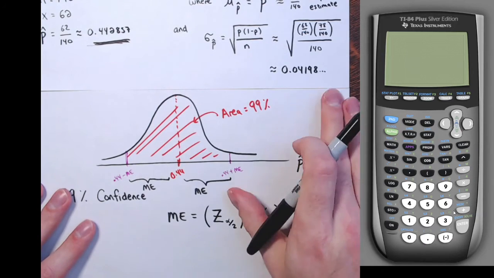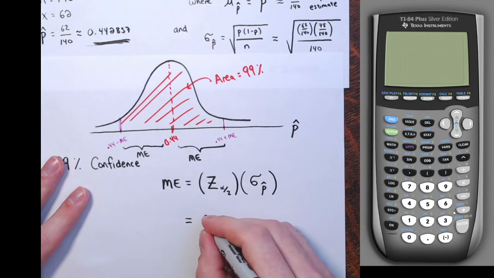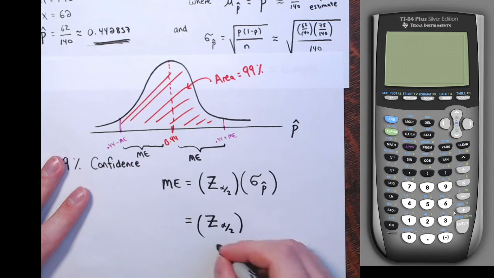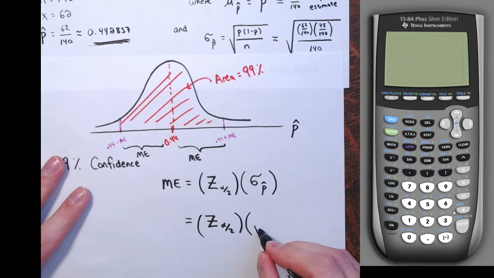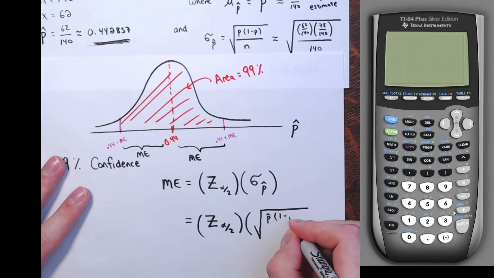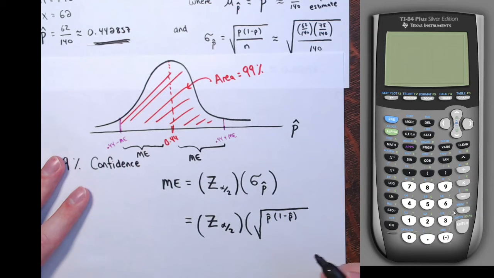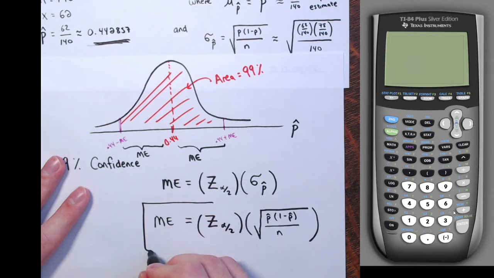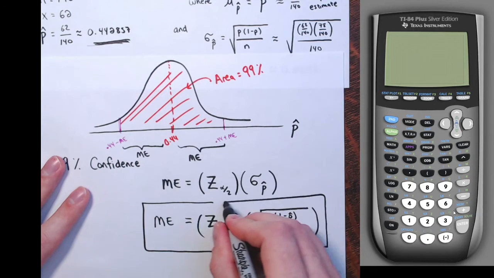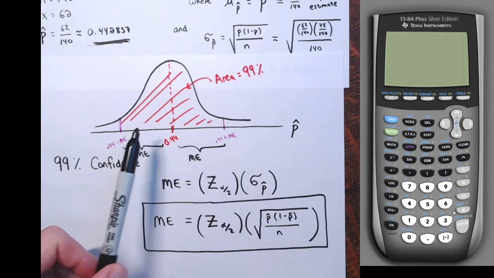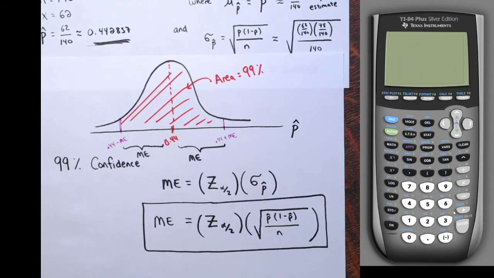This standard deviation of the p hats is estimated by the square root of p hat times 1 minus p hat, because again I don't know p, so we're estimating it with p hat, divided by n. So here is the general formula for the margin of error that we need in order to figure out the lower and upper values of the confidence interval.